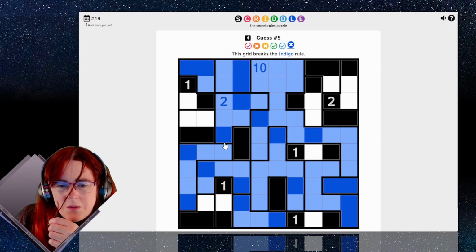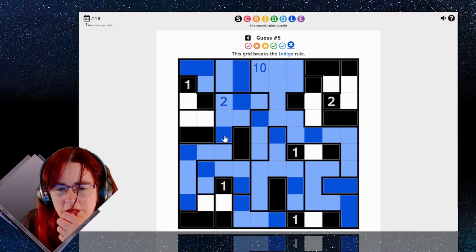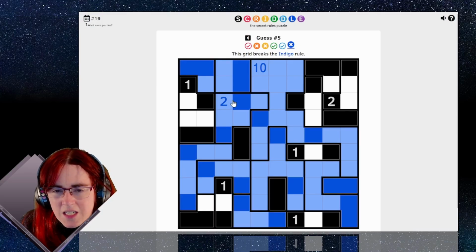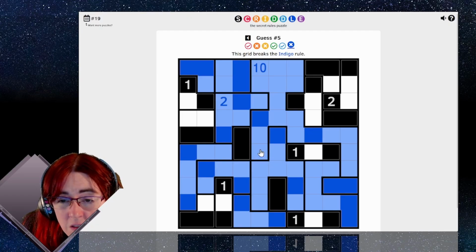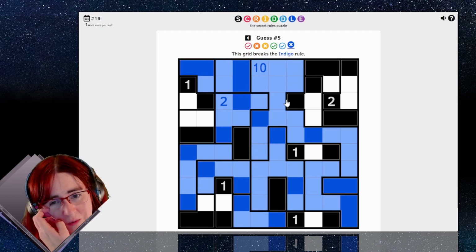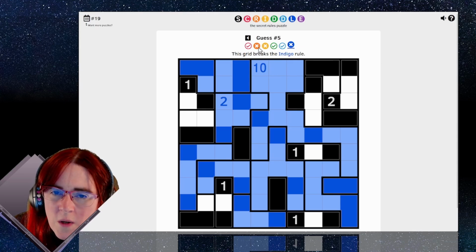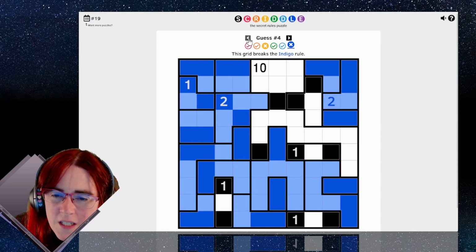Maybe that gives us a clue for the yellow rule. So this cell is 1, 2, 3 from this one, and this cell is 1, 2, 3 from this one. Maybe that is what. Oh, that's very hard to avoid breaking. Now, is that how we should understand this one? When did we not break the 10 rule?